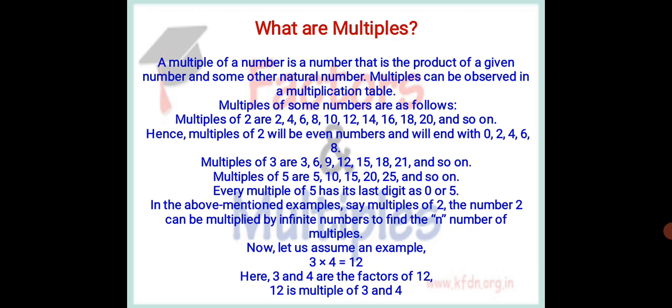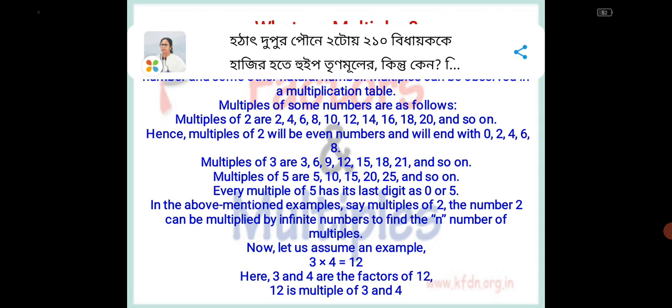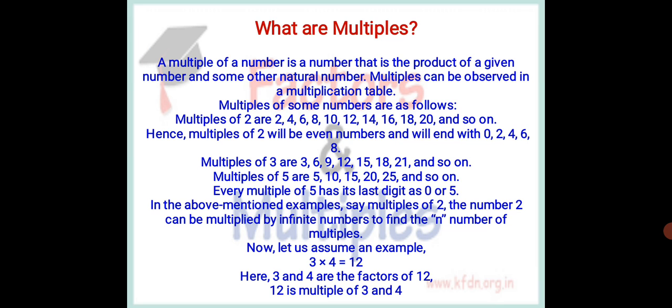In the above mentioned examples, say multiples of 2, the number can be multiplied by infinite numbers to find n number of multiples. How? Let us assume an example. 3 into 4 is 12.